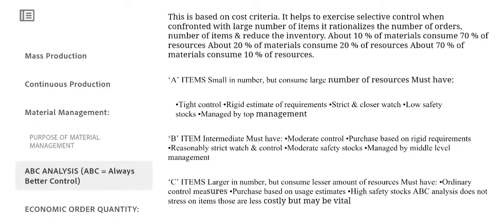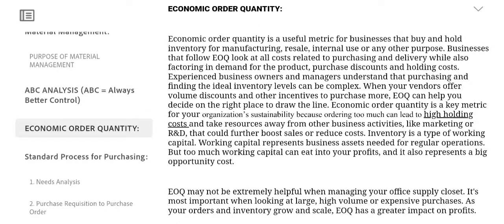Okay, economic order quantity is a useful metric for a business that buys and holds inventory for manufacturing, resale, internal use or any other purposes. So basically they are holding their inventory, holding their stocks, whatever things they are holding, for a better purpose.